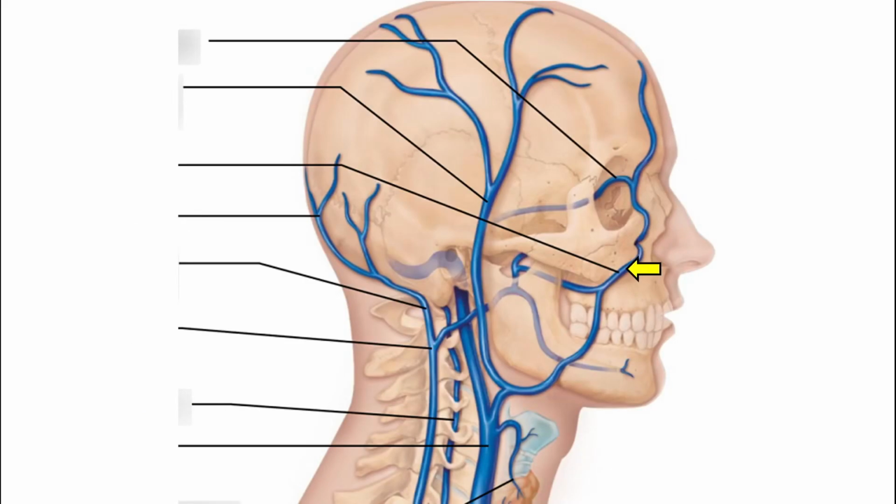These are the veins of the head and neck, and in this area, which is the temporal area, we have a vein called the superficial temporal vein that comes down and runs in company with the superficial temporal artery.